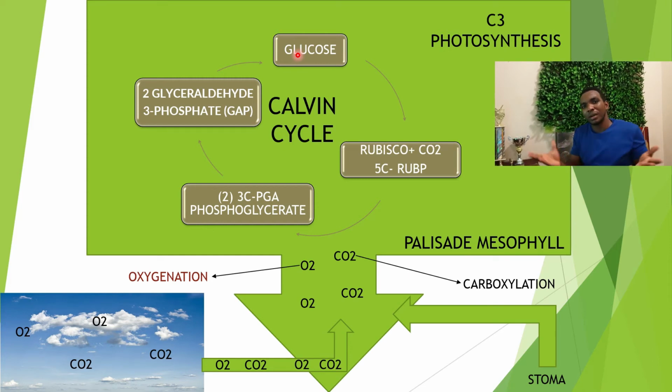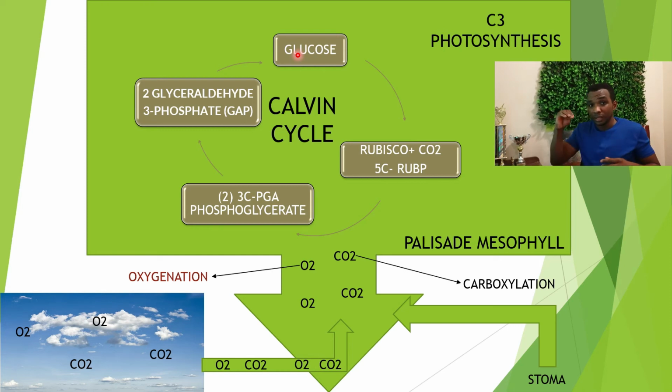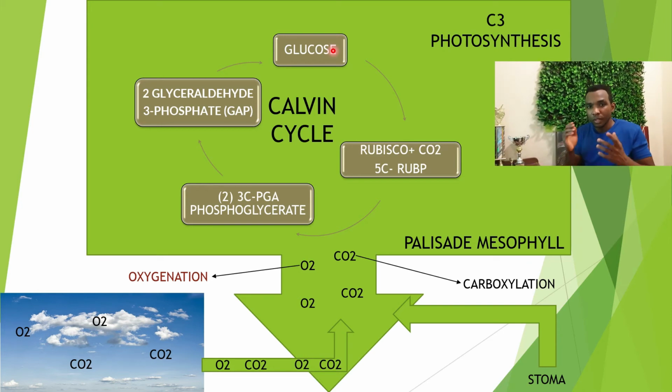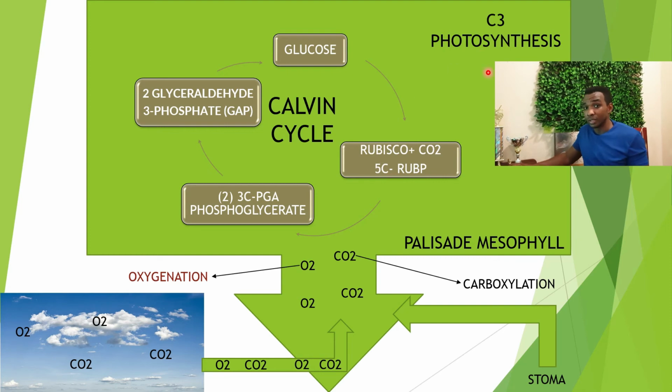Because remember, the aim of the Calvin cycle is to really convert CO2 into the necessary glucose that the plants need to support growth and development. So here, the glucose is achieved, and this now will be translocated to the different parts of a plant to maintain and to sustain growth and development. So as you can see, this is what really happens in the C3 pathway or the C3 photosynthesis.